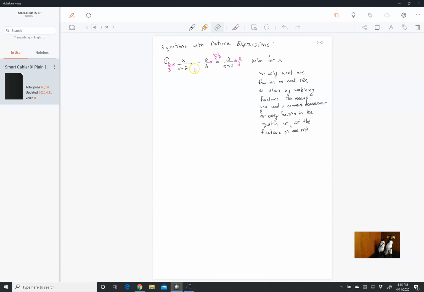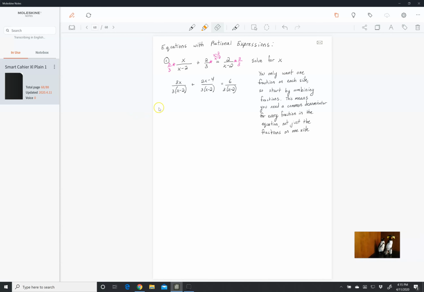And now we just do our multiplication. So what we get is 3x over, for now, leave it as 3 times x minus 2, plus 2x minus 4, don't forget to distribute, over 3 times x minus 2, is equal to 6 over 3 times x minus 2.